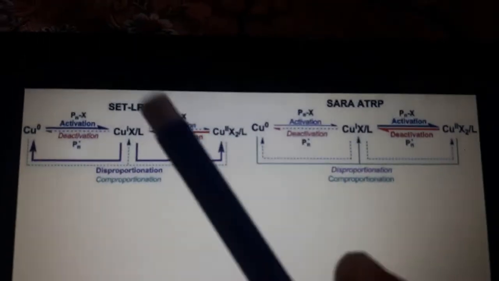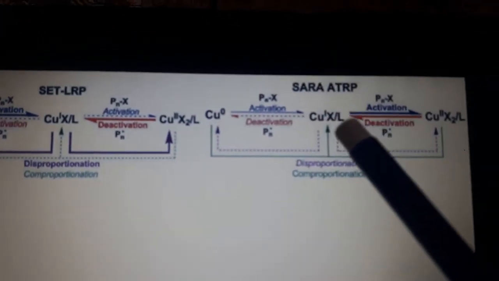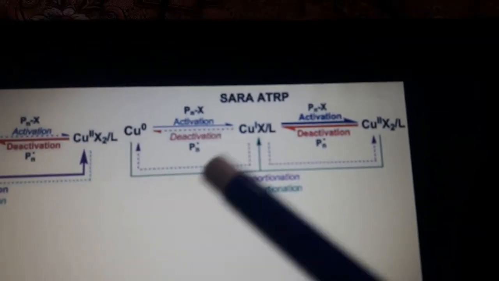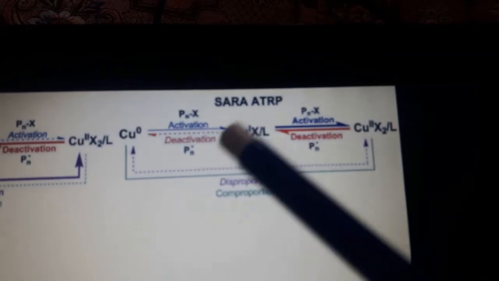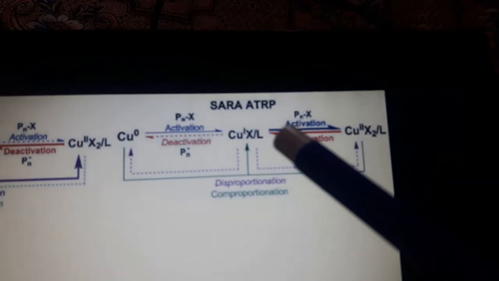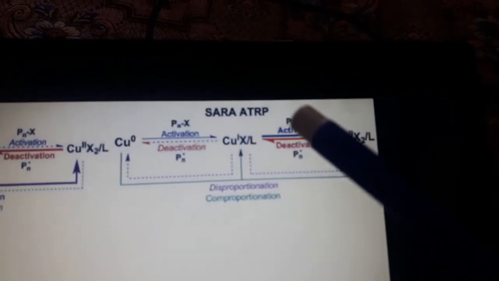So this is the mechanism of SARA ATRP. You can see carefully, because this is very important. The bold line or the solid line indicates the major reactions. In this case the green color, if you see closely, is for the comproportionation reaction, in which species in different oxidation states produce the same oxidation state, that is, copper in the +2 oxidation state and zero oxidation state come to the +1 oxidation state, and this carries out the main activation of the alkyl halide or this dormant polymer chain.